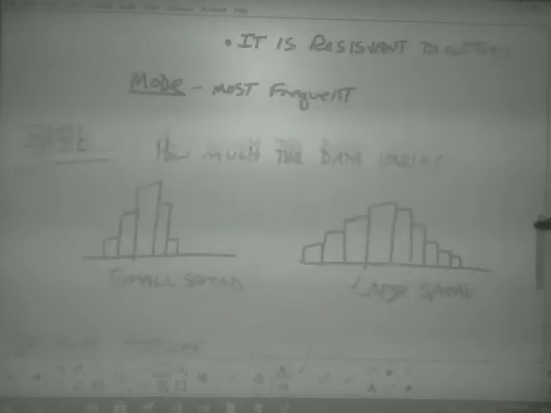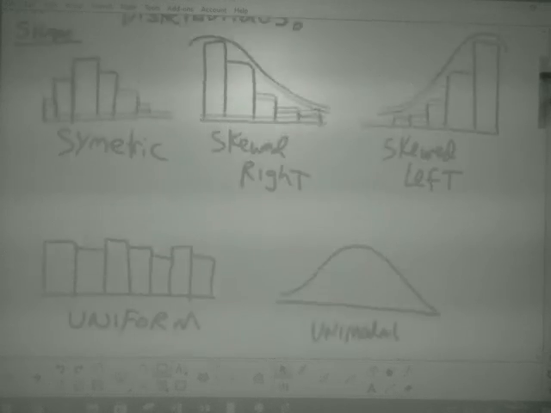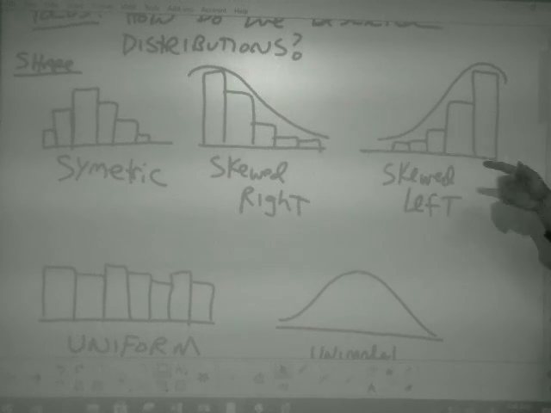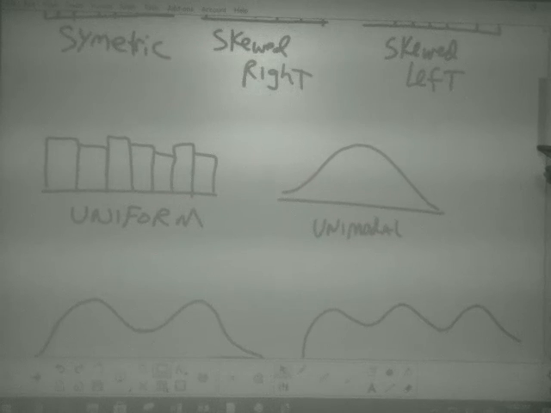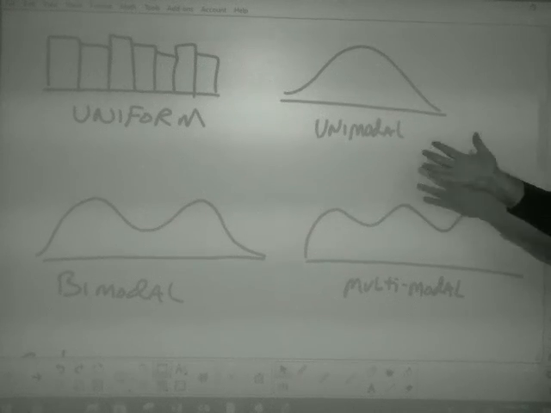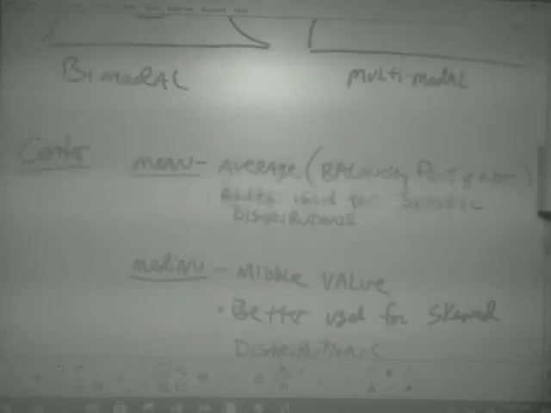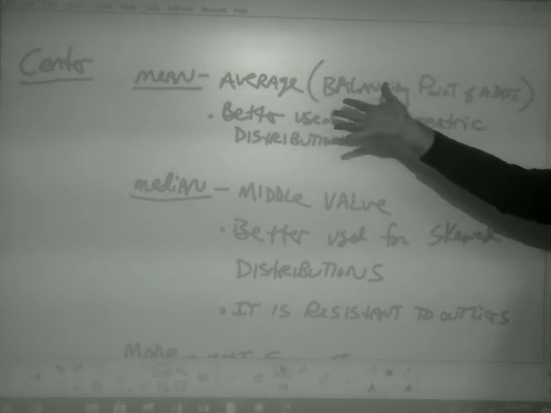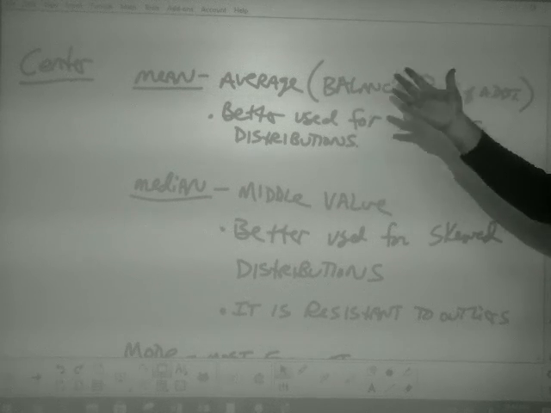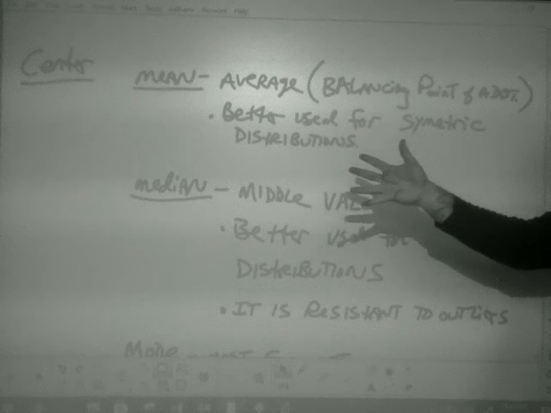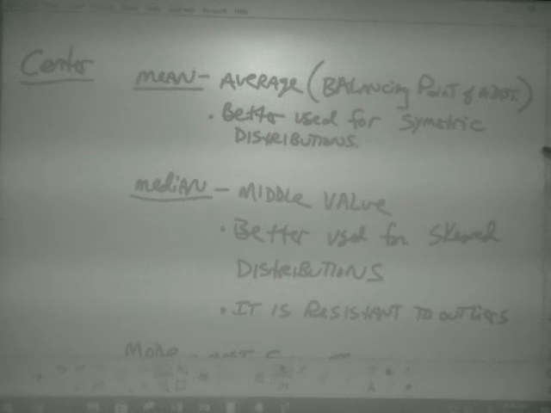So again, when I describe data, I want to talk about the shape: symmetric, skewed, uniform. Is it unimodal, bimodal, multimodal? I want to talk about its center. Does it appear to have a mean of a certain value or a median of a certain value?